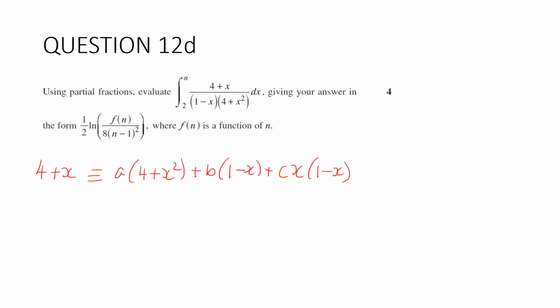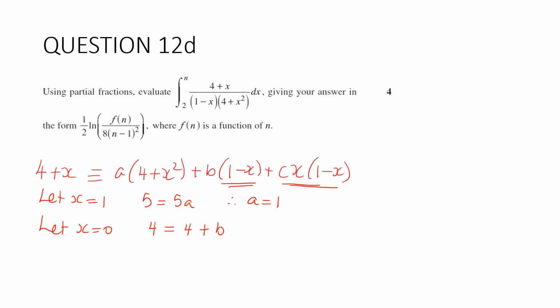So we'll start by letting x equal 1, because that's going to wipe out this term and this term. We will end up with 5 is equal to 5a, so a is equal to 1. Now let's let x equal 0. So we've got 4 is equal to 4a, which is 4, plus in here b, and that's going to be 0. Therefore, b is equal to 0. That's nice.